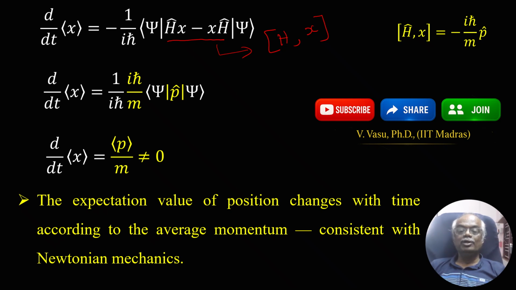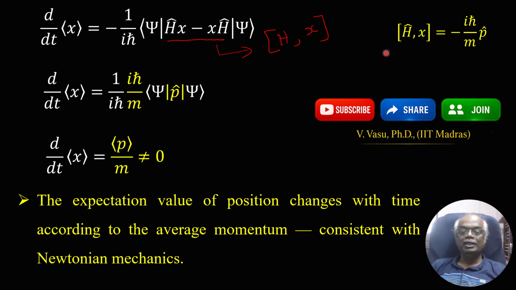So we know the value of the commutator of H with x is equal to minus i h cross over m times the operator P ket. We have proved it so many times, so I am not going to explain this.